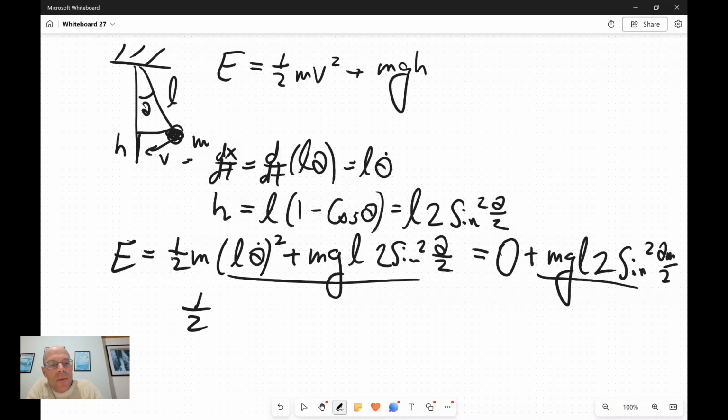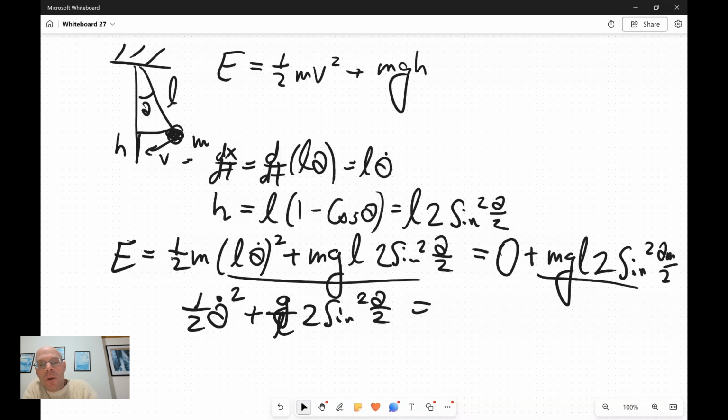So half theta dot square, since I'm dividing by the mass and L square, plus g over L times 2 times sine square theta over 2 equals g over L times 2 times sine square theta max over 2, where theta m is theta max.